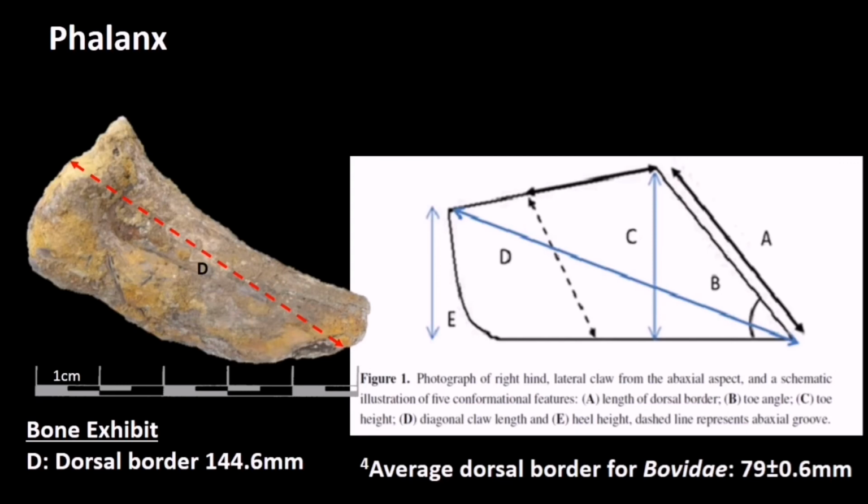The hoof itself is around 5 cm in length, not the cross-section measurement. The cross-section was the dorsal border. It appears larger than the average. Probably it's an adult cattle.